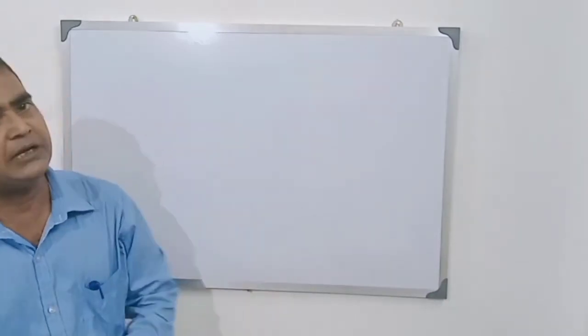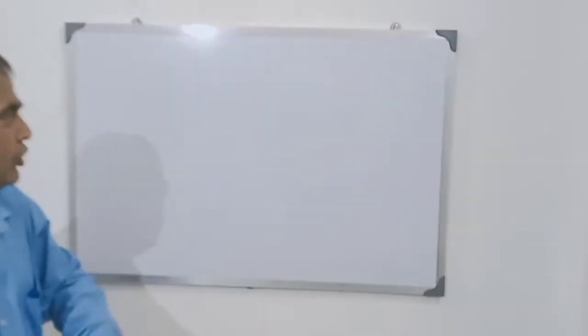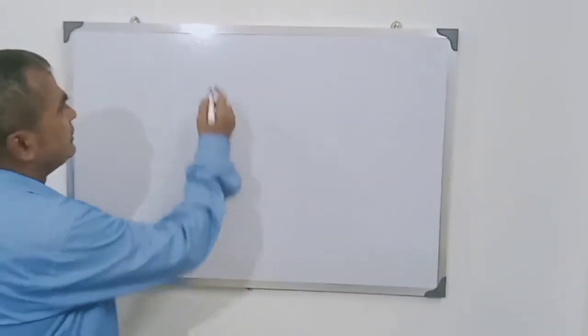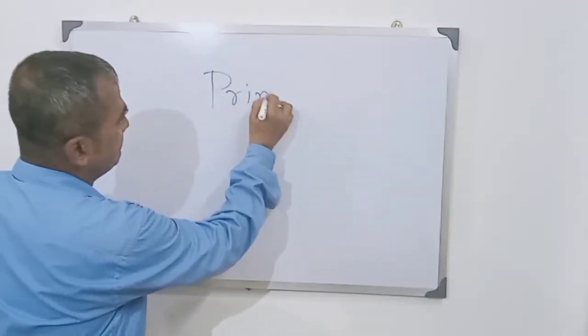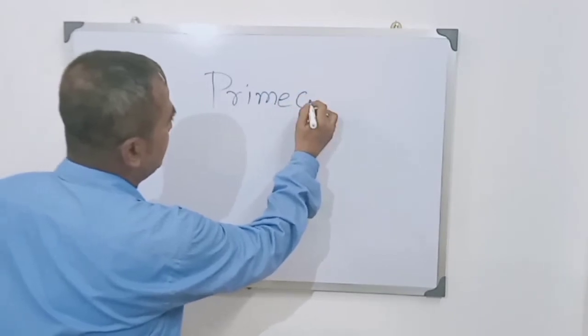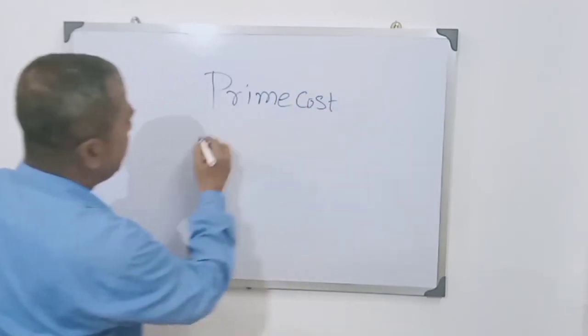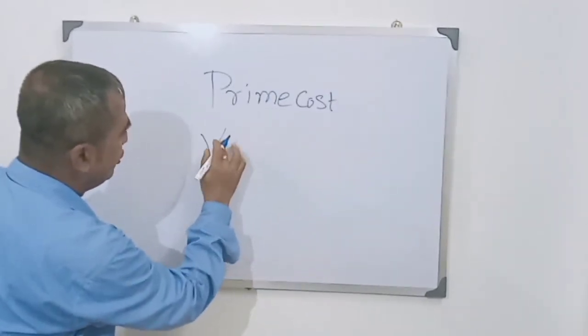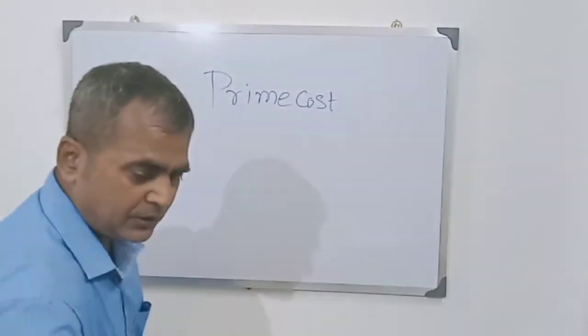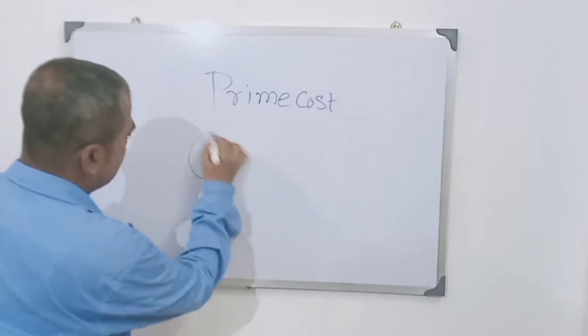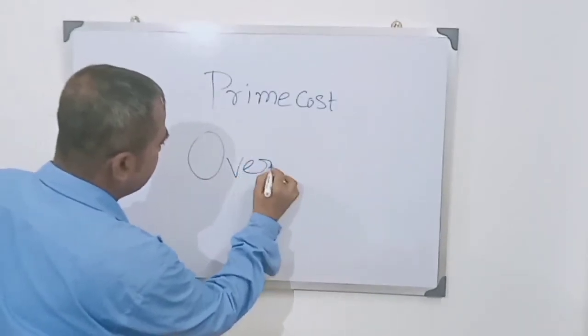In short, production comprises prime cost and overhead cost.